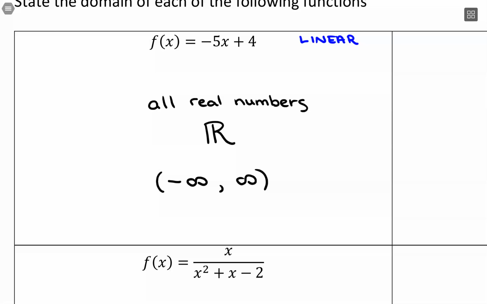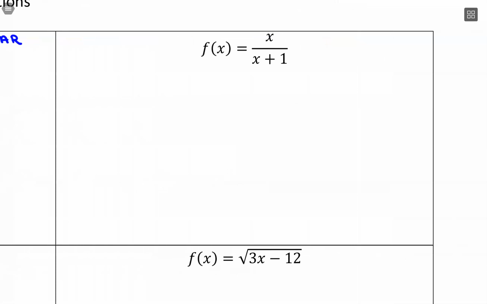Alright, our next function. So you can see the division there, and we have an expression in the numerator, an expression in the denominator, so this is going to be rational. So I need to focus on the fact that that denominator, in this case x plus 1, cannot equal 0. And what I can do is solve this just like a regular equation.